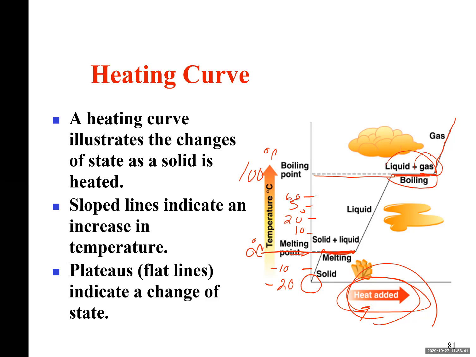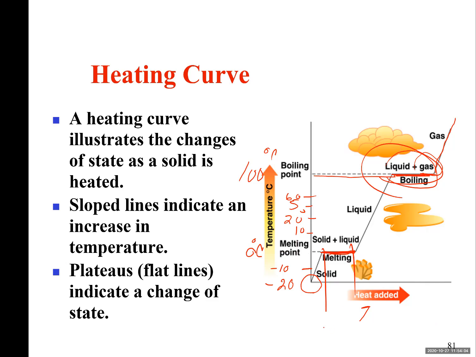So what I would like to bring to your attention is the fact that whenever you have a mixture of two phases, temperature remains flat, although you are applying heat. Why is temperature remaining fixed between these 2 points while I'm applying heat? Heat is being used as heat of fusion.